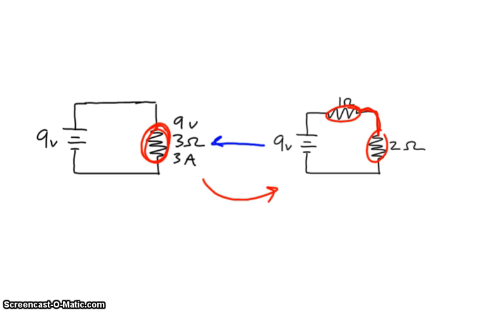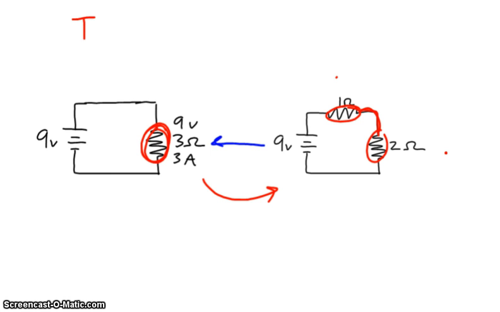So we have to ask ourselves, well, what can we bring back? I mean, we can't bring back the resistance, and we don't really need it because we already know this was 1 ohm and this is 2 ohms, right? So we have to bring back something else. Let's see what happens in series and what happens in parallel. Well, let's look back at what I know.